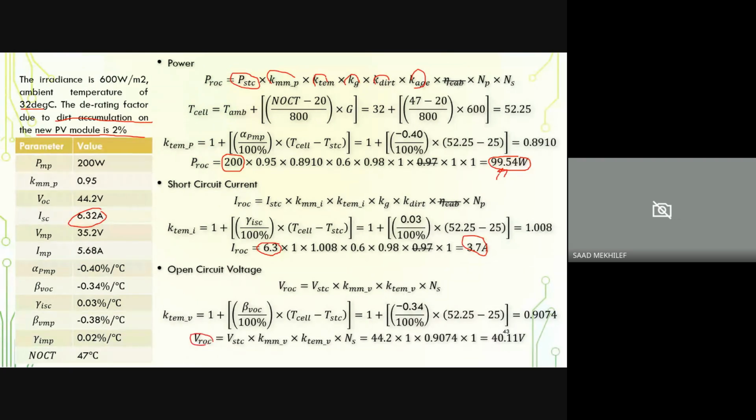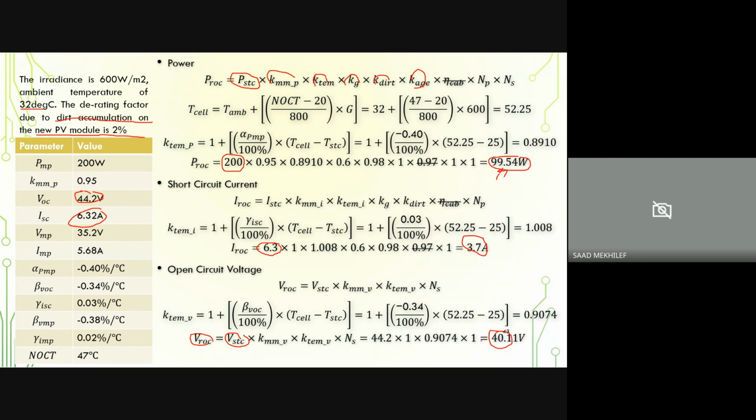The voltage at STC is around 44 volts, but when we apply the deratings, it becomes 40 volts. This shows the impact of all these factors, which is never mentioned anywhere. Just now, in the simple example calculations, we never applied these derating factors.